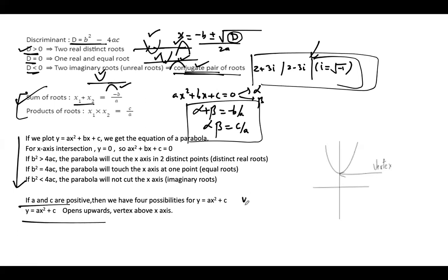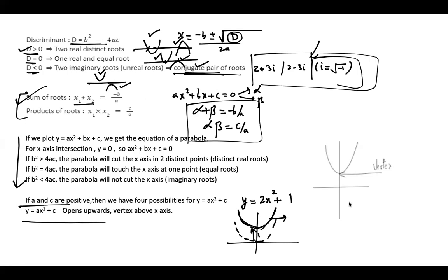Let's say I am saying y is equal to 2x square plus 1. Can you directly make the graph now? y is equal to 2x square will look somewhat like this. What will be the graph of 2x square plus 1? Shifted by 1 unit. Okay, can you tell me what will be the minimum value of this graph?